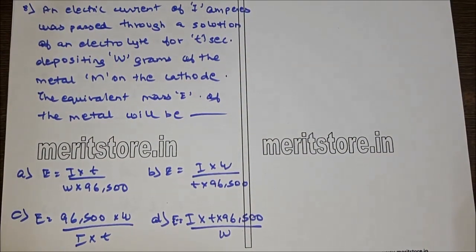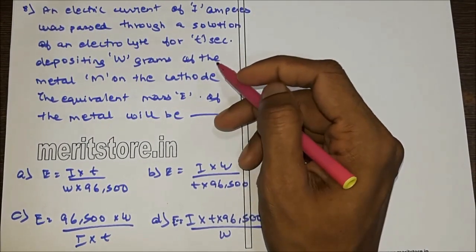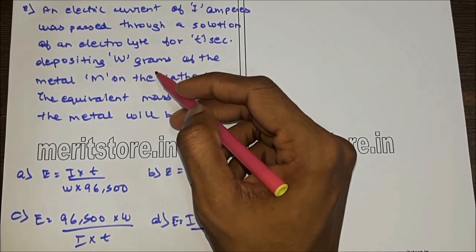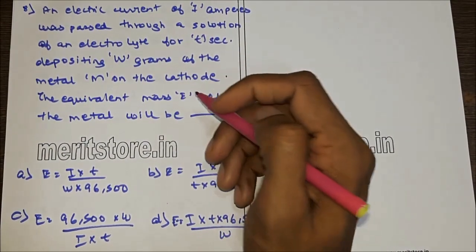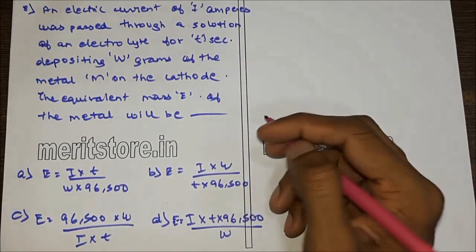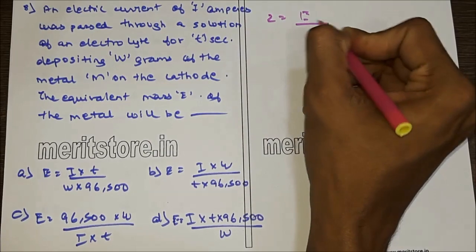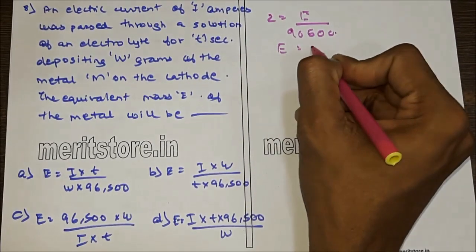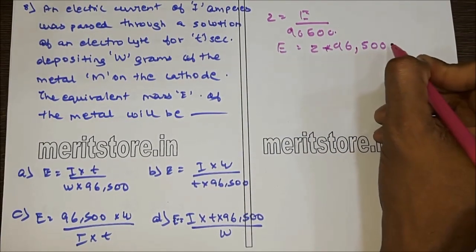Question 8. An electric current of I ampere was passed through a solution of an electrolyte for T seconds, depositing W grams of the metal M on the cathode. The equivalent mass E of the metal will be, we're given four options. We have Z equal to E upon 96500. That is, E equals Z into 96,500.